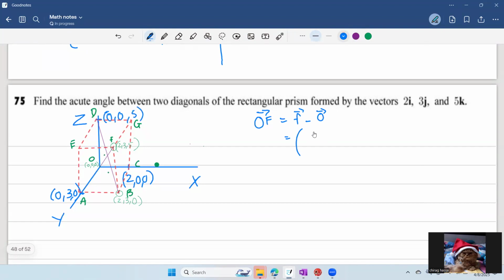So this is as good as F bar, which will be 2, 3, 5. This means 2i, 3j, and 5k.